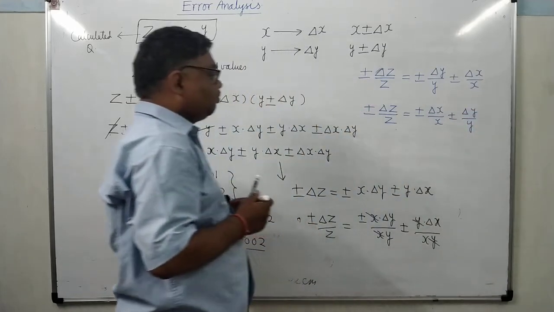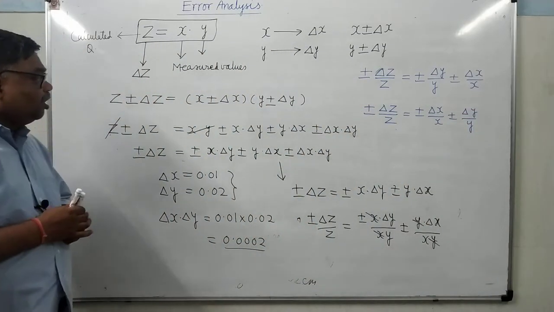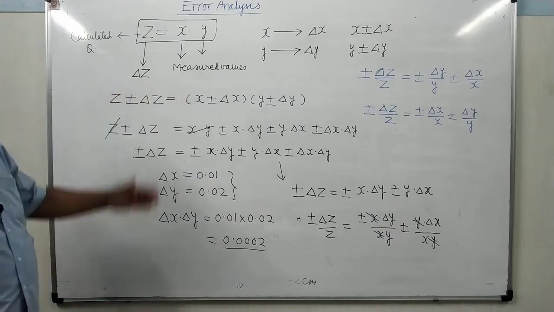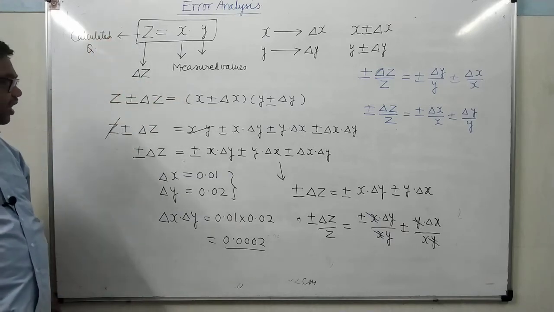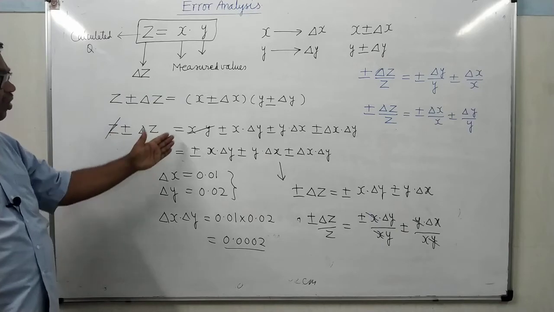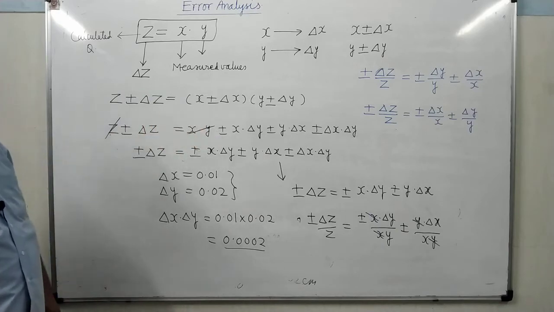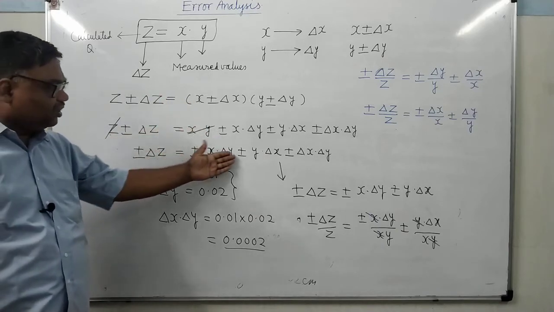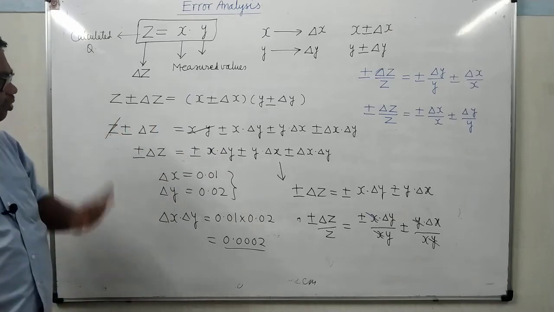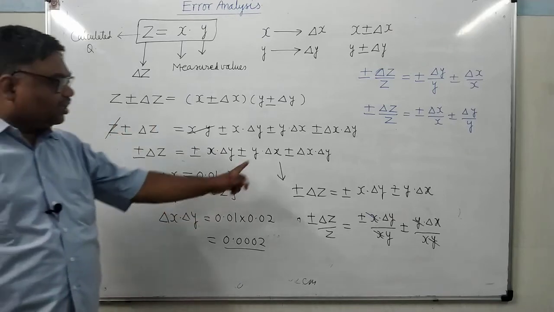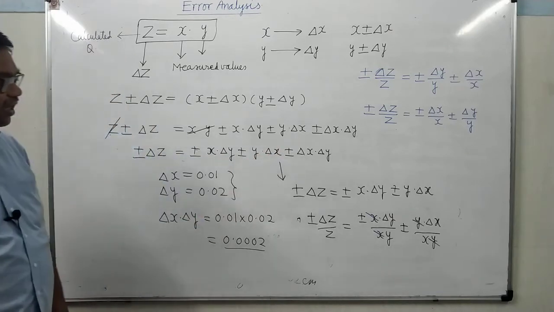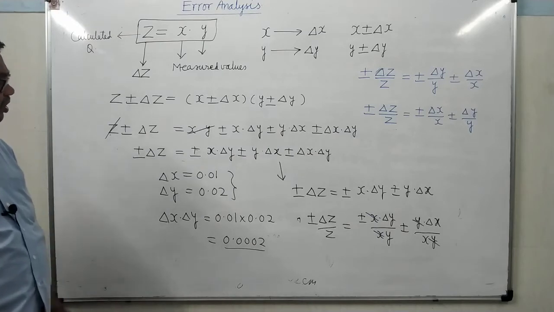Once again, when we write this relationship with due consideration of error, we get this. On simplifying the right hand side, Z equals XY will be cancelled. Now delta X into delta Y can be neglected because of its smallness. So what will you get?